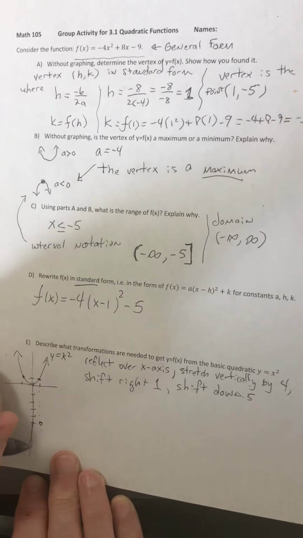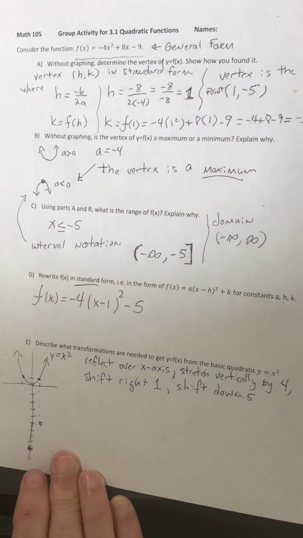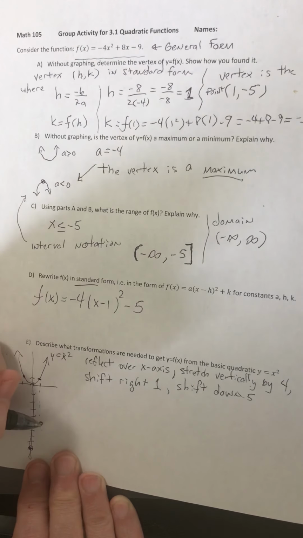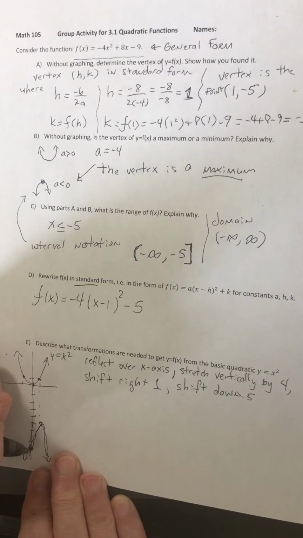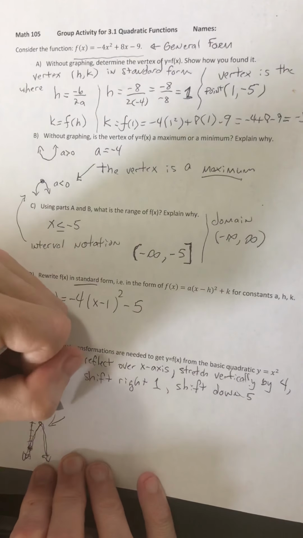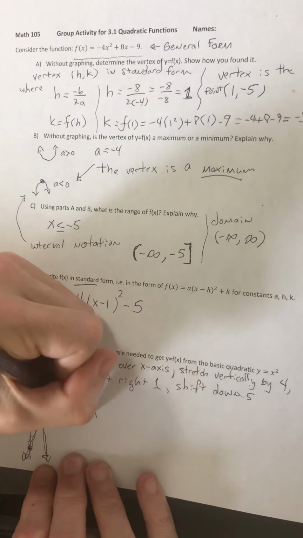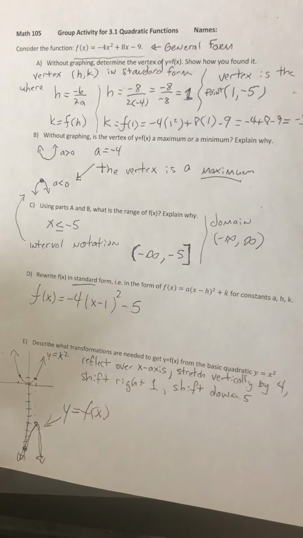And then it's stretched 1, 2, 3, 4. So it's really skinny. And of course you could go on to decimals or whatever and see what the graph looks like. Okay.